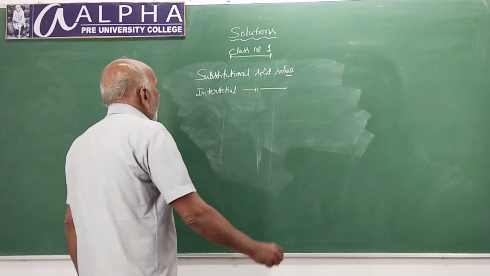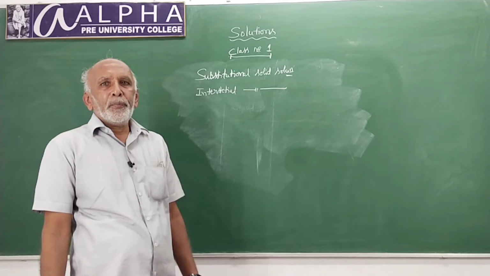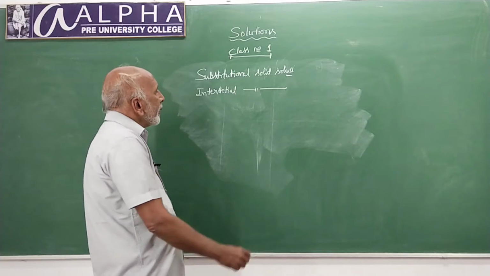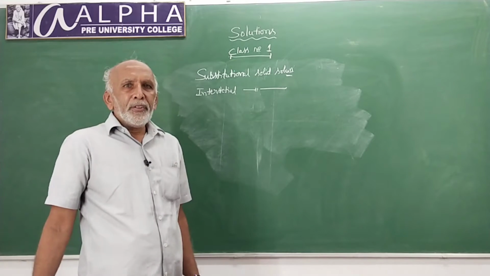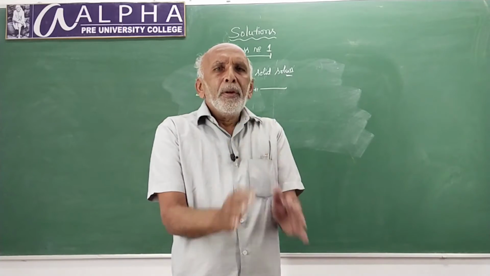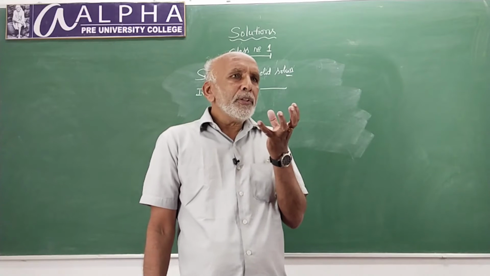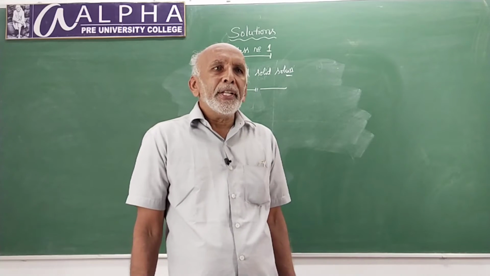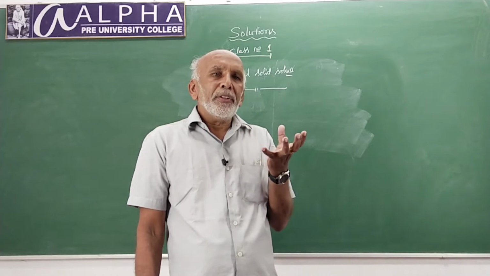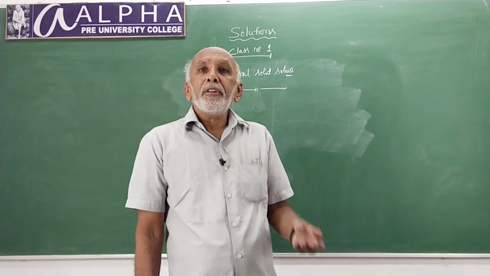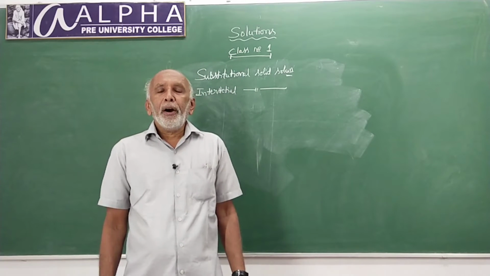Next one is interstitial solid solutions. See, during the formation of a crystal lattice, that is the formation of a crystalline substance, some empty spaces are left in the crystal lattice. They are called voids, also known as interstitial positions or spaces.